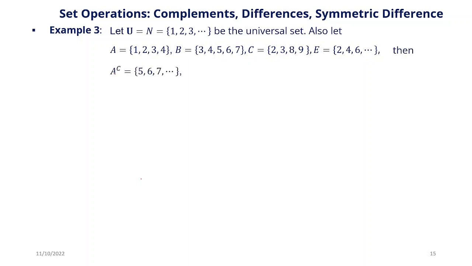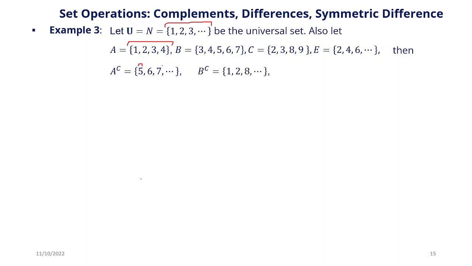Then A complement is, since the universal set is 1 to infinity, we look at items that are not in A, and that begins at 5, 6, 7. All the numbers to infinity are the complement of A.